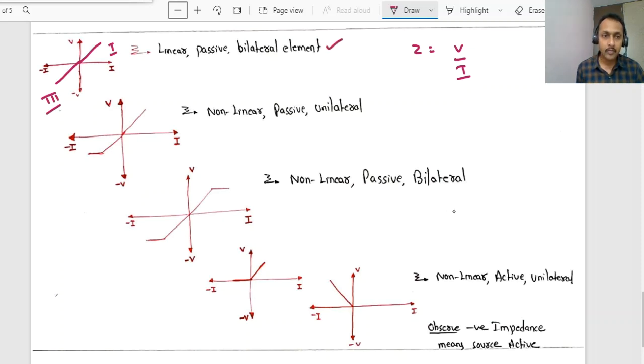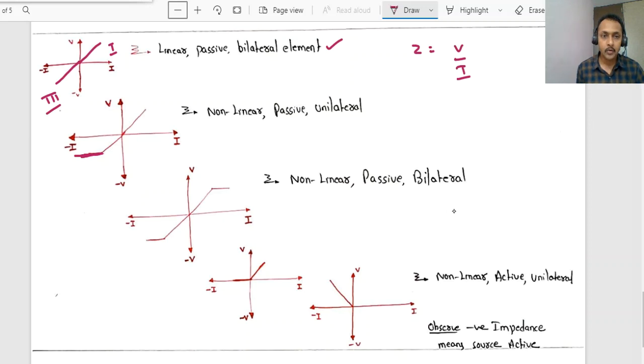Observe this voltage-current graph for some X element. We don't know what that element is. For the X element, you got a graph something like this. Is it linear? No. Why? Because observe the characteristics here. Instead of getting a straight line, it is parallel to the negative current axis.